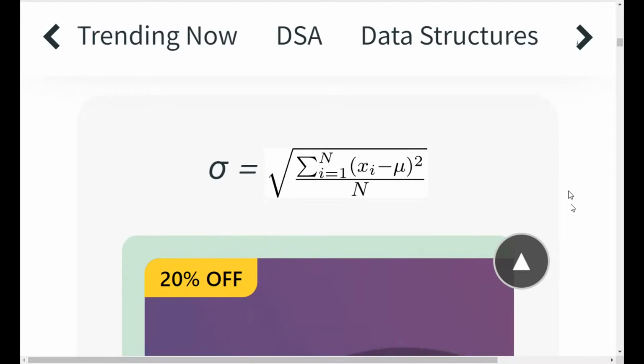If the marks are 1, 2, 3, 4, 5, 6, 7, 8, 9, 10, the sum is 55. 55 by 10 is 5.5. So the average is 5.5. Here in this data, now you have to do 1 minus 5.5, whole square.